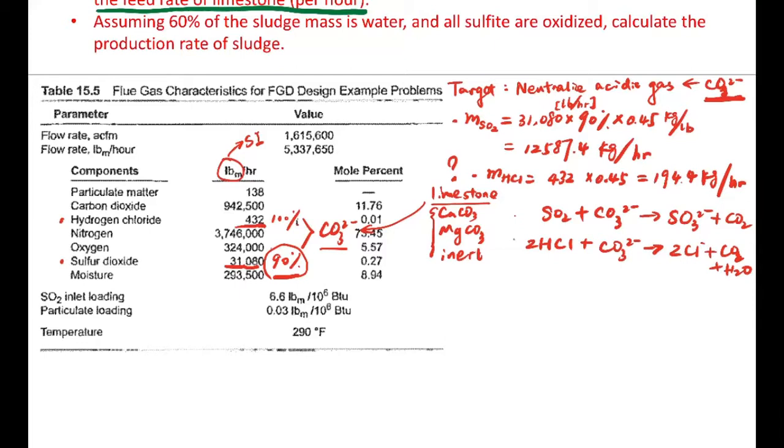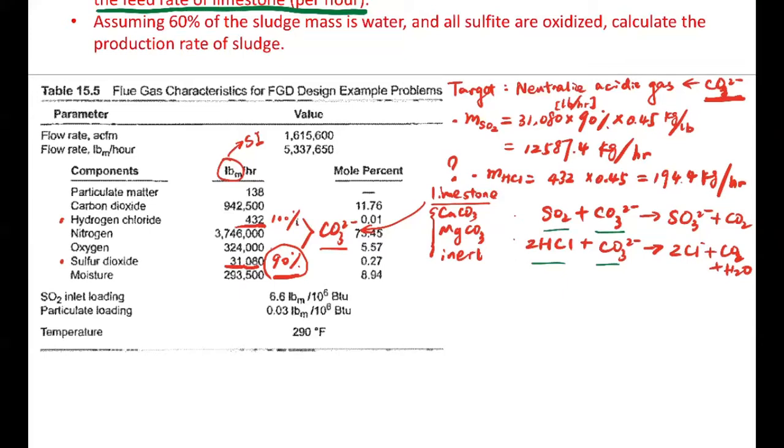What this means is that in order to neutralize 1 mole of the sulfur dioxide, we need 1 mole of the carbonate ions. And to remove 1 mole of the hydrogen chloride, we just need 0.5 mole of the carbonate ions, right?